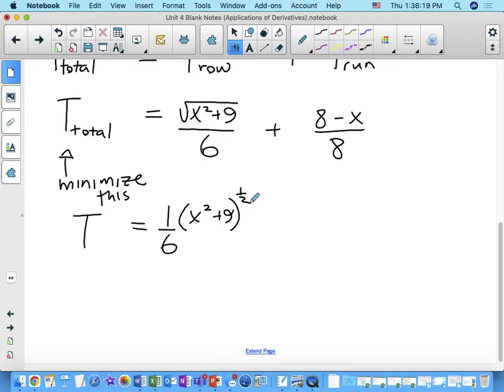And then plus, I'm going to split this up. So 8 over 8 is 1, right? And then minus x over 8 is minus 1 over 8x. Just makes it a little simpler to take the derivative. Okay? All right, here we go.